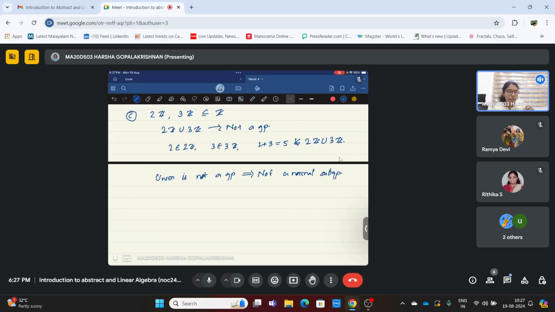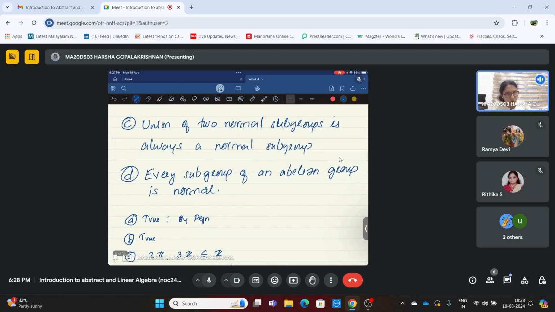Now, in case the union is a group, suppose in some condition the union is a group, then what about the normality? Say H1, H2 are two normal subgroups, and suppose H1 union H2 is a group.